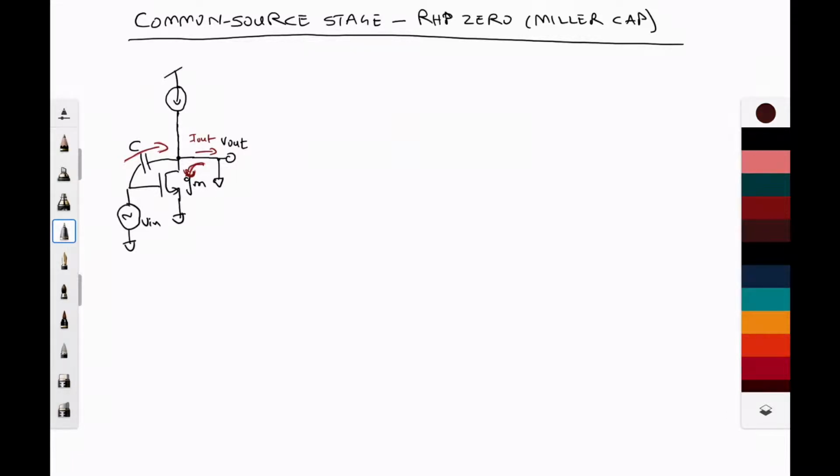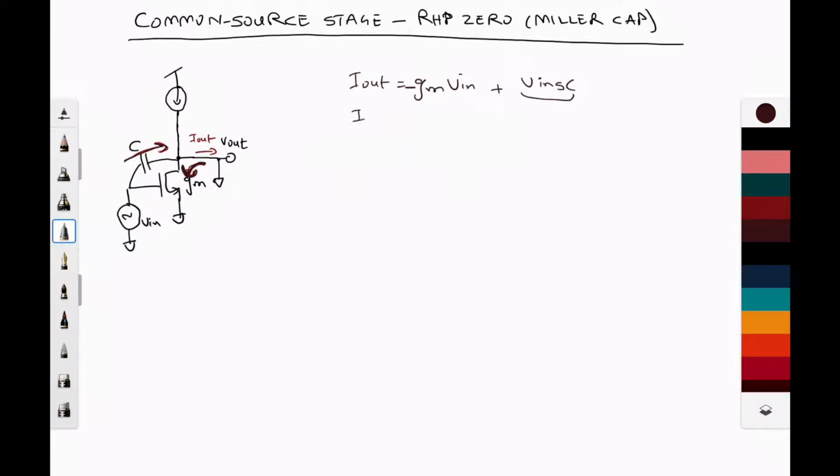So we can use that to come up with a very simple set of equations, which is that I out is going to be the contribution from the transistor, which is gm V in, and there's this negative sign. We get this negative sign just because this polarity is opposite. Plus the contribution from the capacitor, which is V in sC. And then we don't have a negative sign for this term because we've defined the direction to be going into the output.